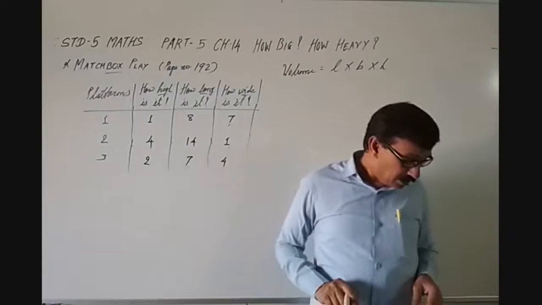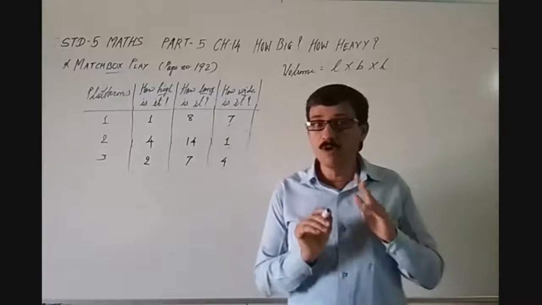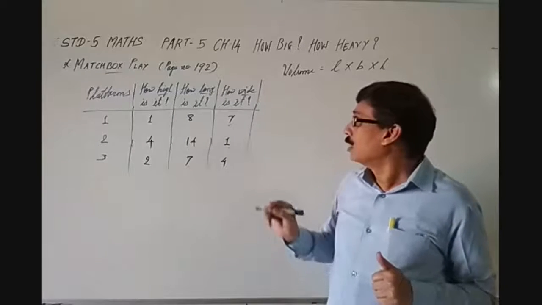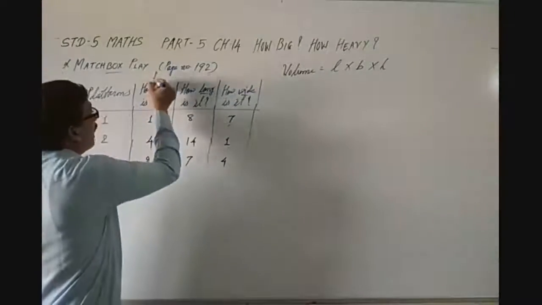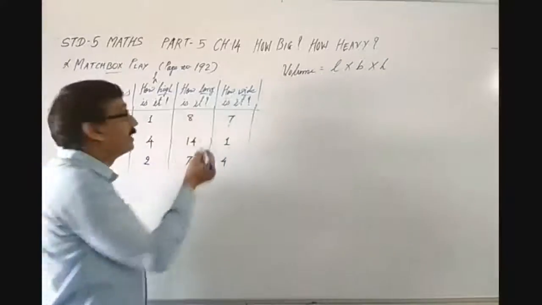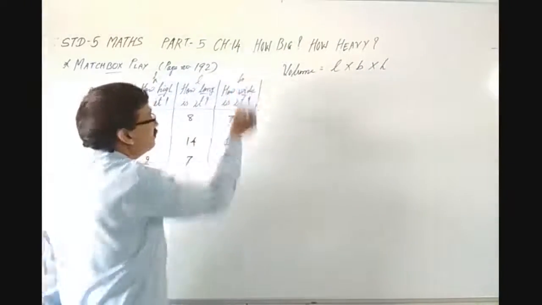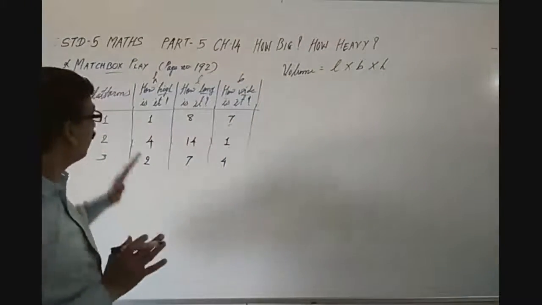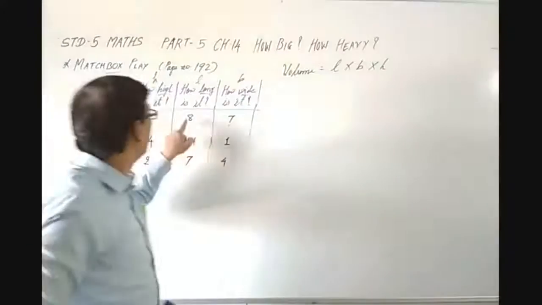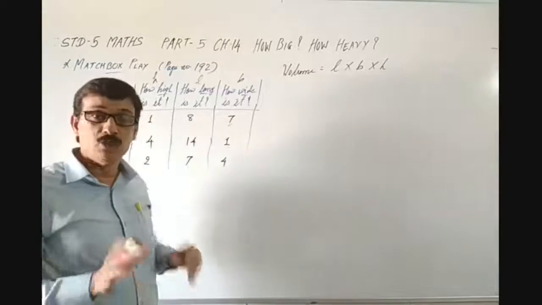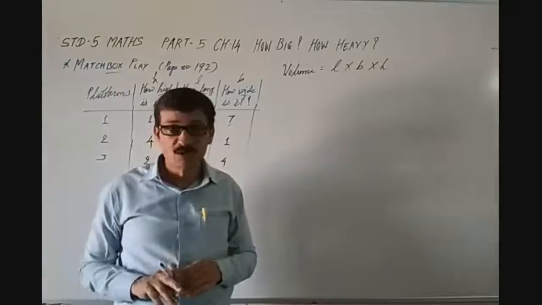Now the volume of each platform is equal to, see, height means height, so this is height, long means length, so this is length, and wide means breadth, so this is B. So if we want to find the volume, then our formula is LBH. L, B and H, isn't it? So we have to multiply, and each and every time we used 56 matchboxes.